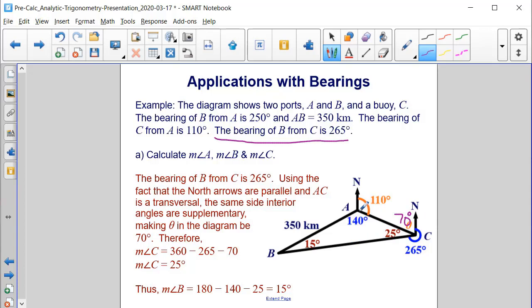So therefore, to find the measurement of angle ACB, I can take 360 and subtract 265 and 70 from it to get its measurement, which is 25 degrees.